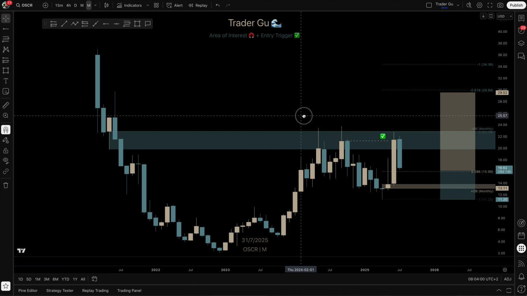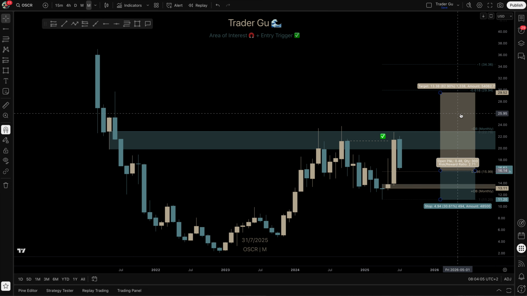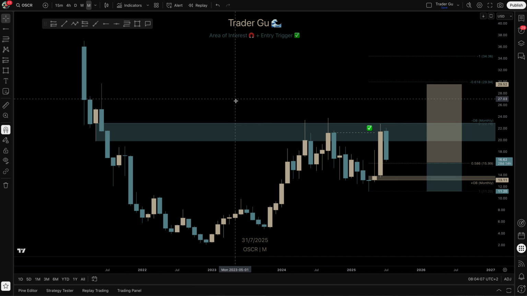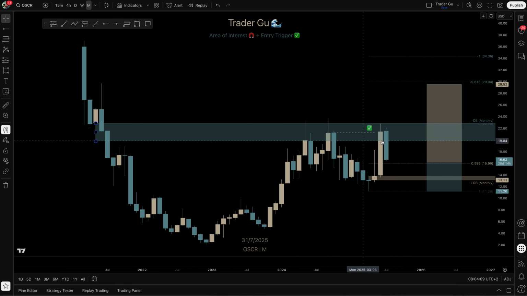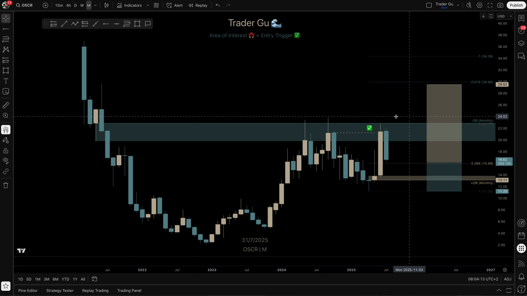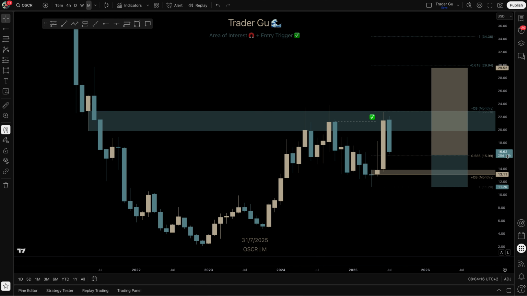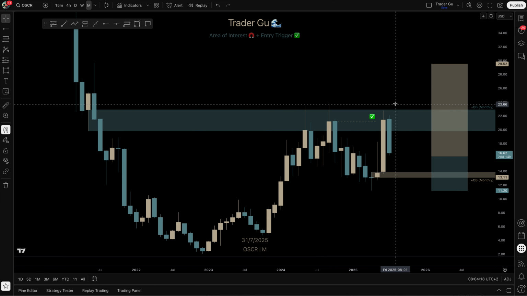But that is a long way. I think this is 82%. Yeah, we have retested this order block. It's not invalidated yet, and I'm considering this bearish one. But so far, this is looking bullish on the monthly time frame.